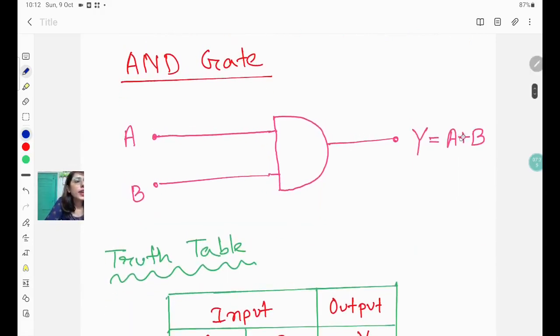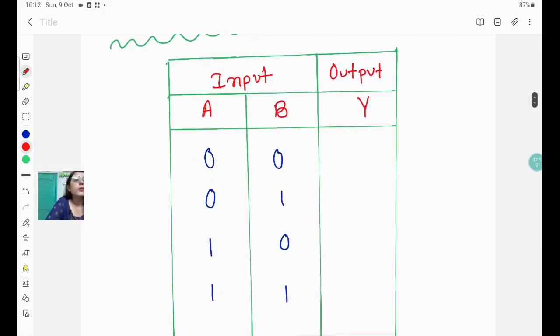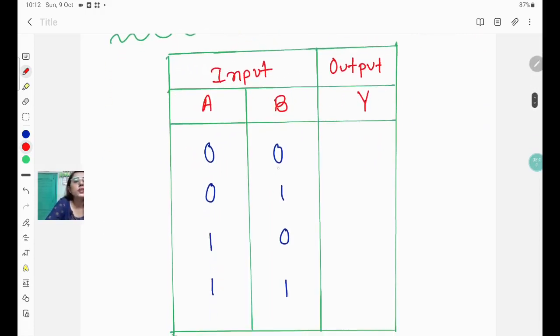So the AND gate, here we are taking 2 inputs as A and B, and the output Y is given as Y equal to A dot B. So this dot is the AND operator, and this one is the circuit symbol of the AND gate, and the truth table is such that Y is equal to A dot B, that is 0 dot 0 we have 0, 0 dot 1 we have 0, 1 dot 0 we have 0, 1 dot 1 we have 1.